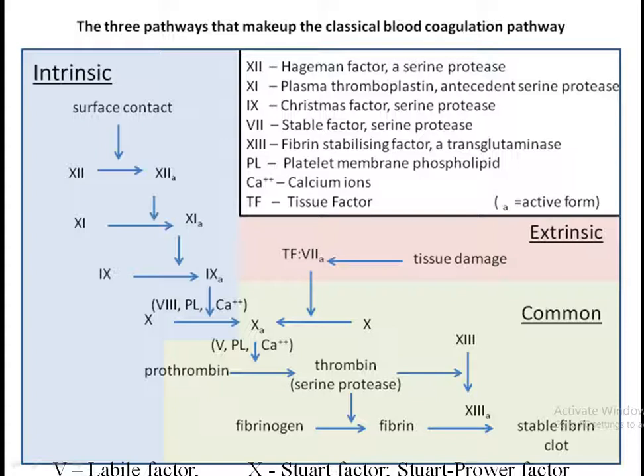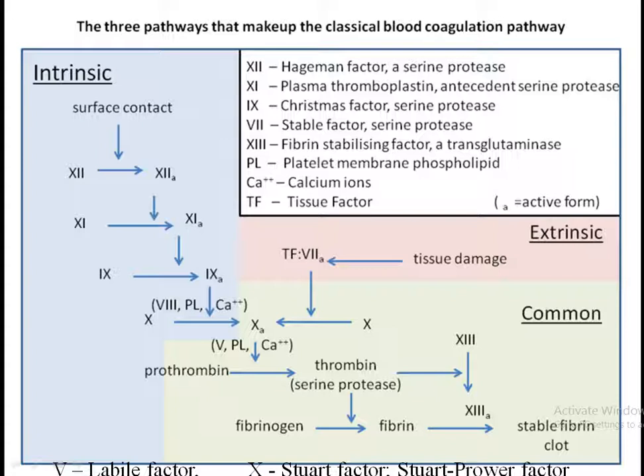We have discussed completely the extrinsic and intrinsic pathways for coagulation and their common pathway at the step where factor 10 is activated.